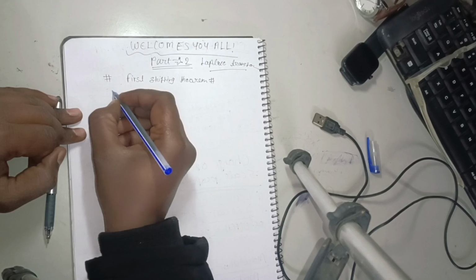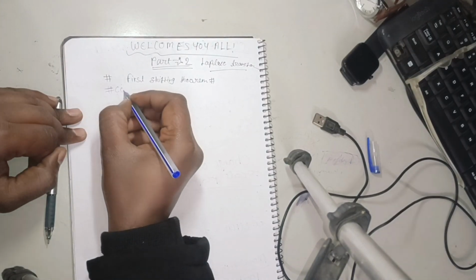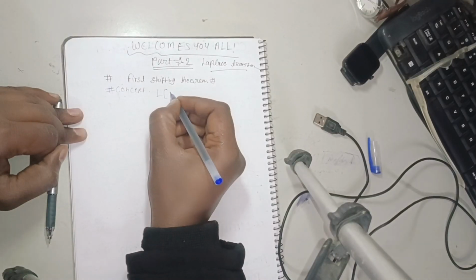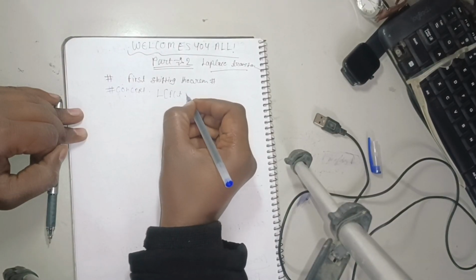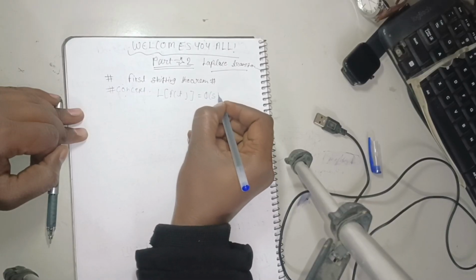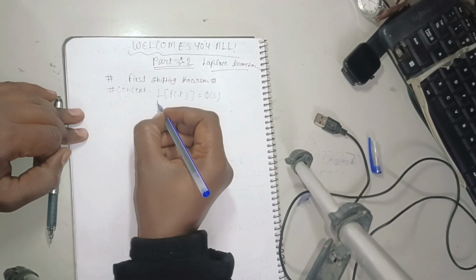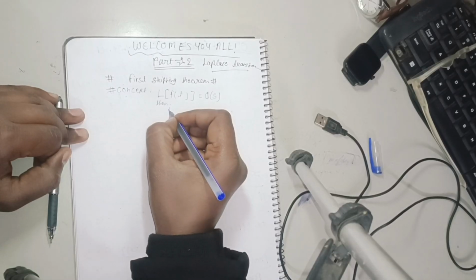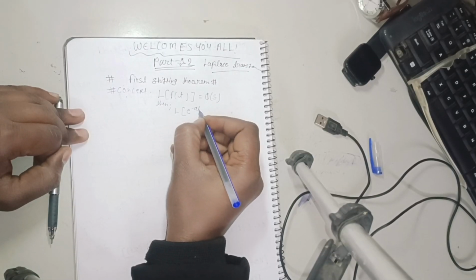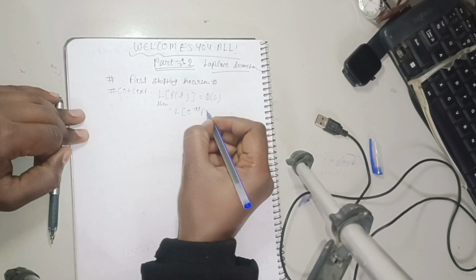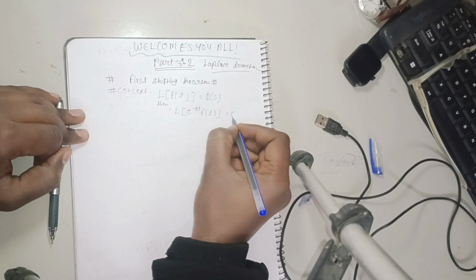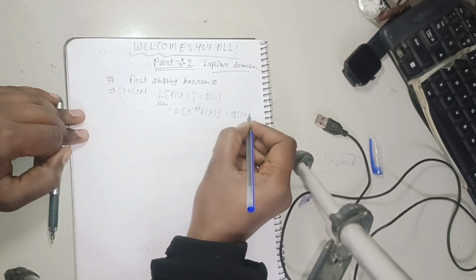We have to remember this concept: Laplace of f(t) is equal to phi of s. Then Laplace of e to the power minus at times f(t) is equal to phi of s plus a.